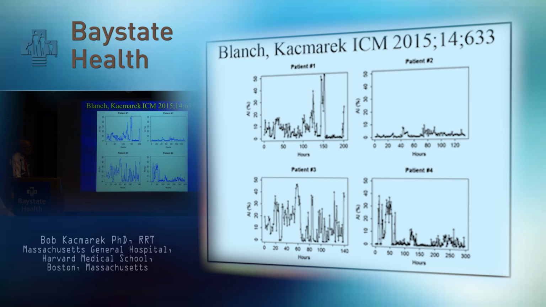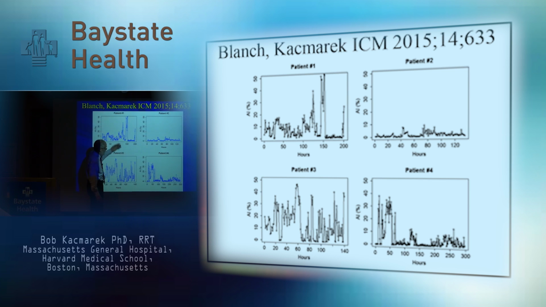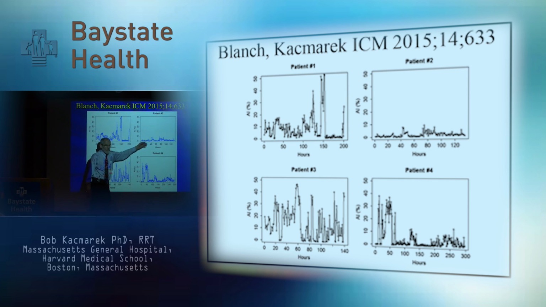Again, just like I showed with the double triggering, different patterns depending upon the patient. This is asynchrony index. And you see some patients with huge asynchrony indexes as time goes on. Others, not so bad. Other patients don't have a big problem. It's difficult to know which ones will fall into these categories compared to falling into this particular category.